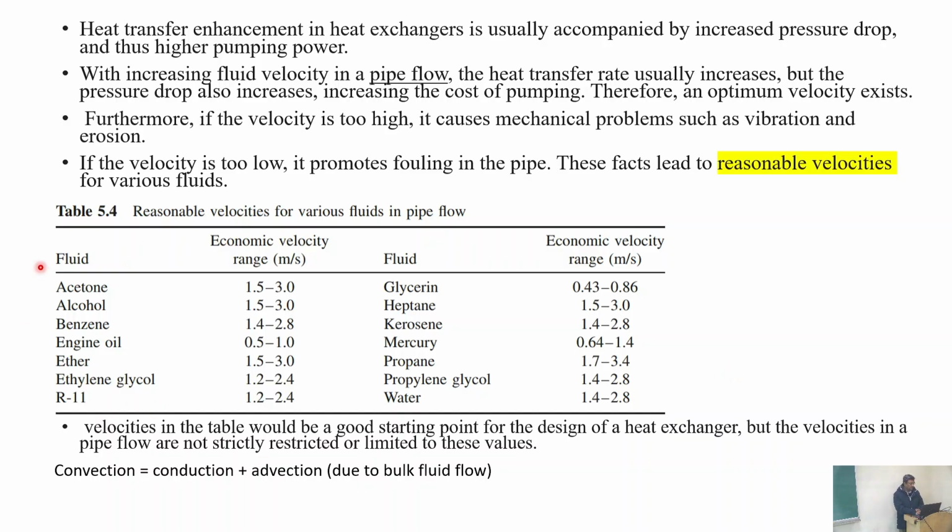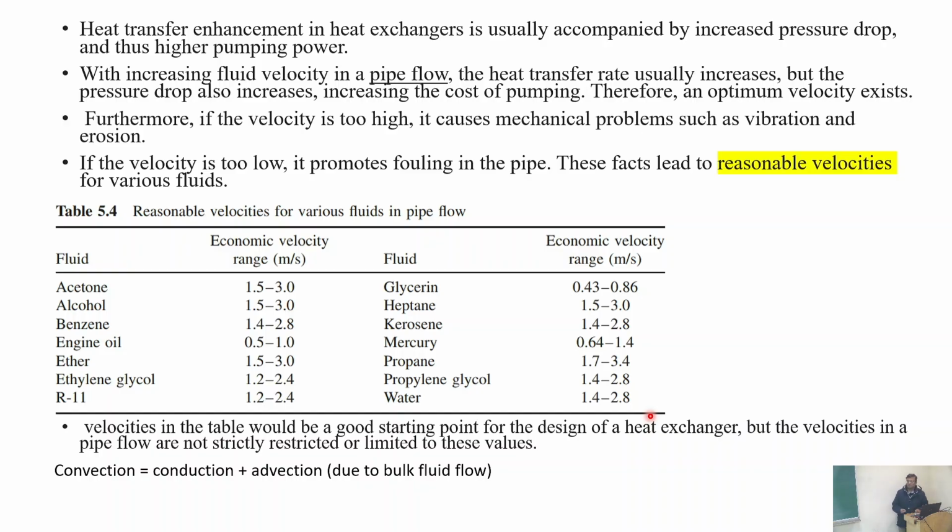This table is again taken from Lee's book, and it says that if you have water, it's 1.4 to 2.8 meter per second. It says this is an economic velocity range.